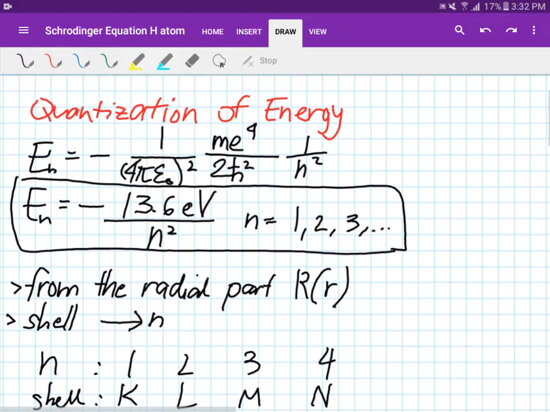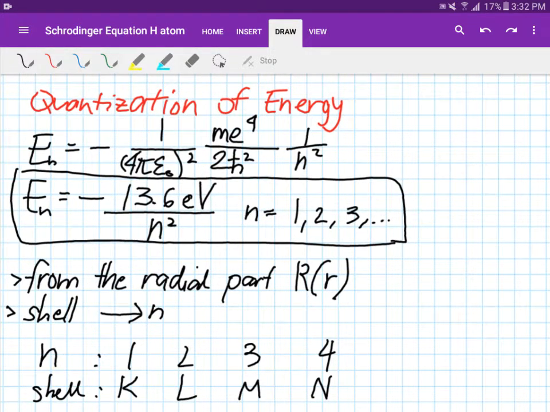So our first quantum number is quantum number n. It tells us about the quantization of energy. If you recall from the solution of the hydrogen atom, we observed that energy is quantized by this quantum number n. So quantum number n is called the principal quantum number.